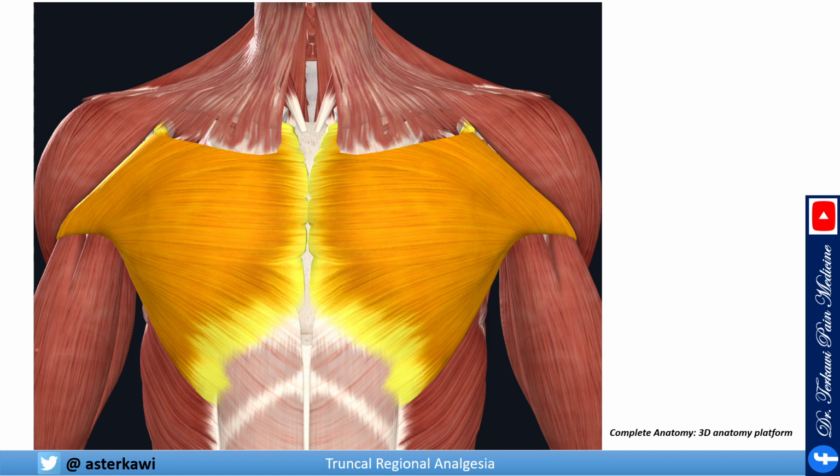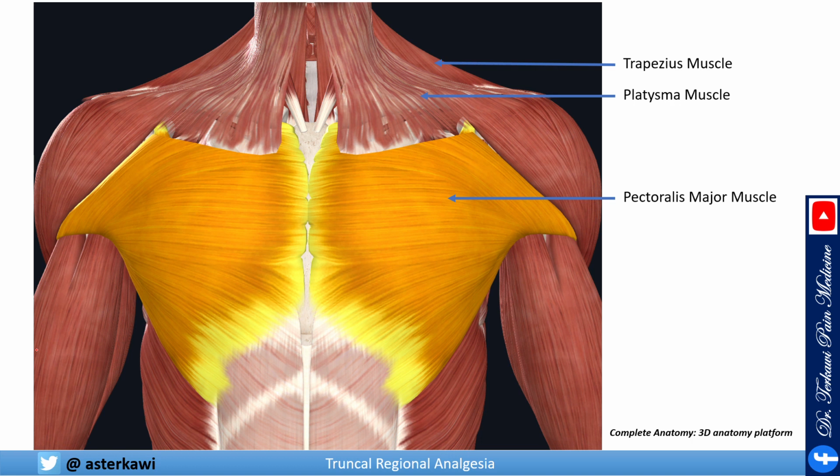So from the above, although it's not relevant to the anterior thoracic wall, the trapezius muscle, then the platysma, a very thin muscle. What's more relevant here is the pectoralis major muscle.